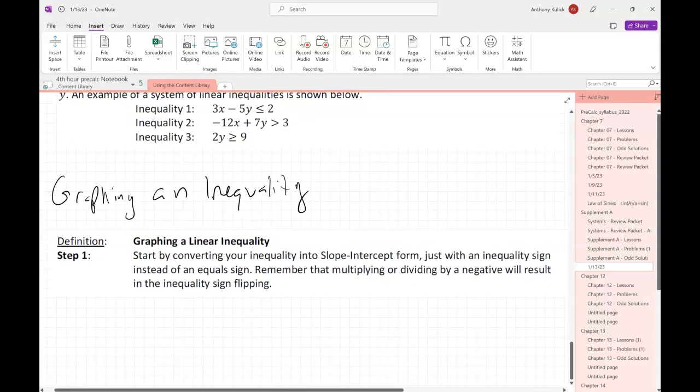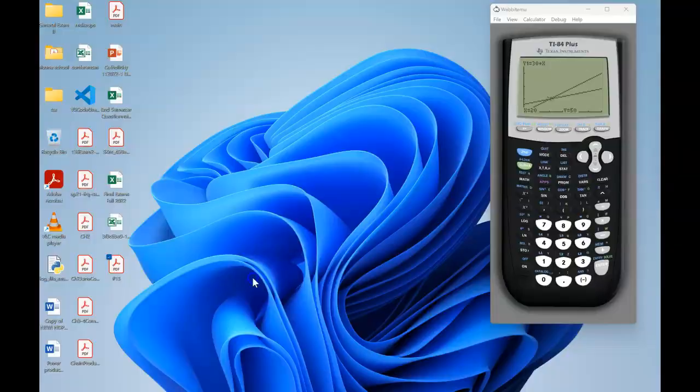Now, the one thing you have to be real careful about when you do that is if you multiply or divide both sides of an inequality by a negative number, what happens? The inequality switches direction, correct? It changes from greater than to less than, or vice versa.